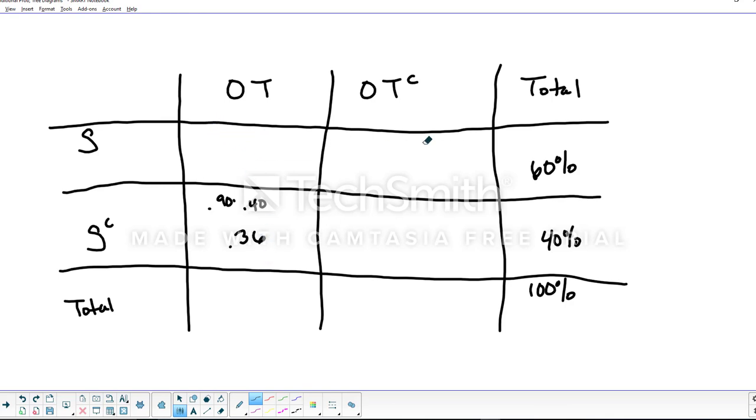And by the same token here, how we can end up getting this value here, the on time, we have 70% of the 60% of the time gives us the 42% value. Then we can go ahead and fill in the rest of these values the same way that we did before. We add these two to get our total for her being on time. That means that if she's on time 78% of the time, she is late 22% of the time.